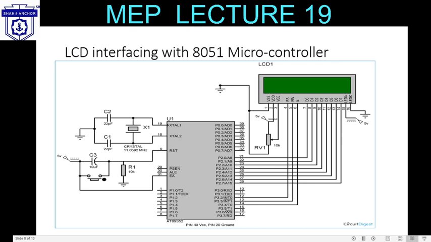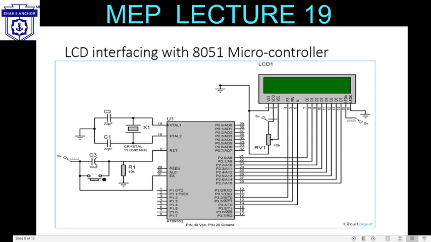Now on the slide we can see the interfacing of 8051 with LCD. In the diagram, we can see port P2.0 to P2.7, that is port 2, 0th pin to 7th pin.